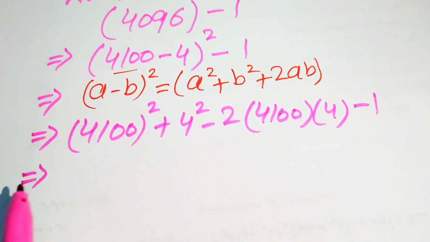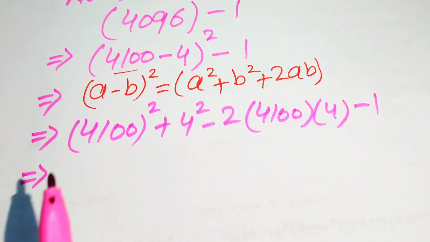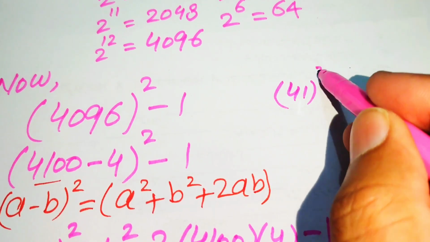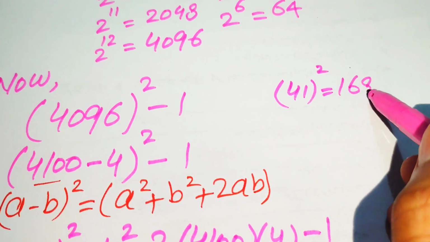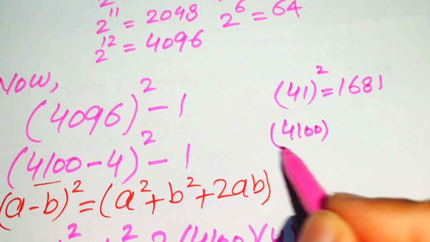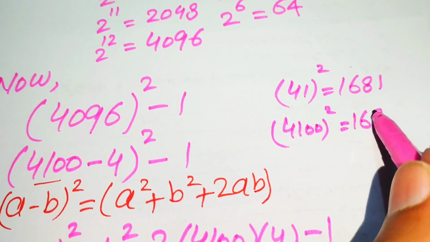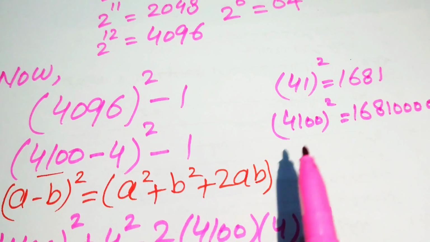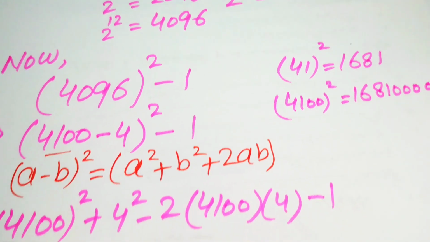Here, in order to find the 4100 square without using the calculator, you first focus on 41 square. We know that 41 square is equal to 1681, and when we take the square of 4100, you just double these zeros and you get 16810000. So the square of 4100 is equal to 1681 and 4 zeros.